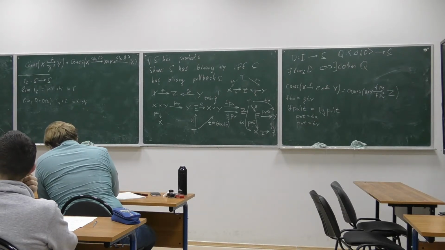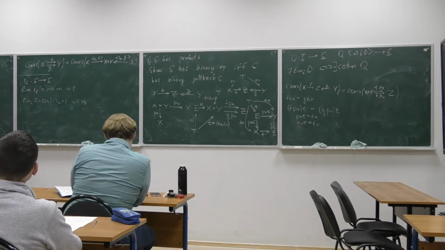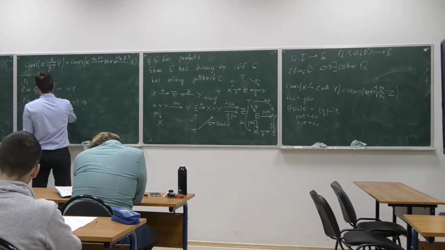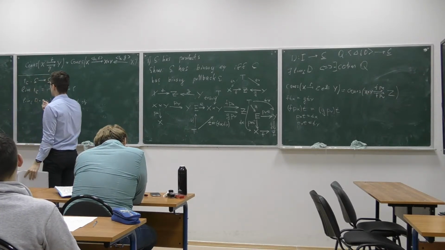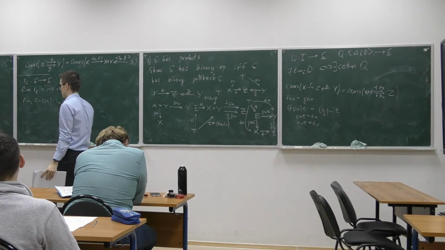So I would like to prove that the limit of the functor exists if and only if C has an initial object.